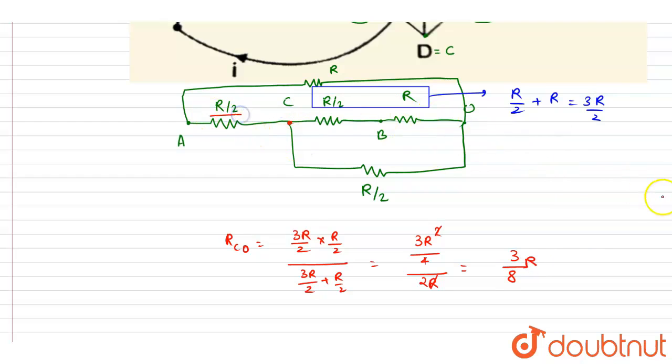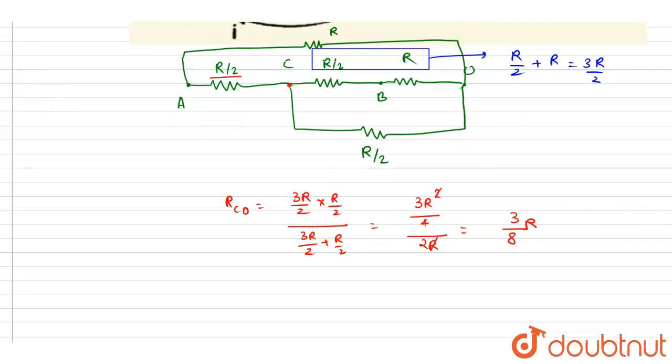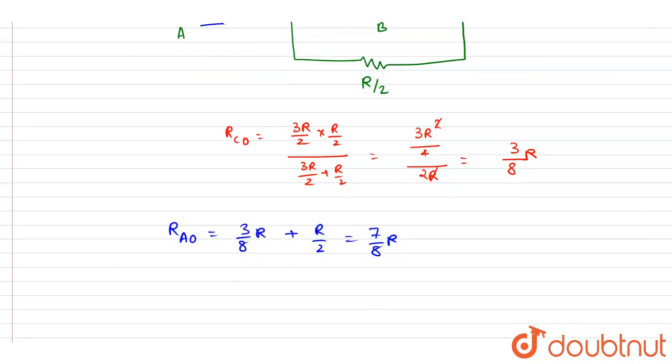Now it is connected with R by 2 in series. So we will write down the resistance of these two. It will be 3R by 8 plus R by 2, so it is 3 by 8 plus 4 by 8, which is 7 by 8. Now 7 by 8 and this R are connected in parallel.